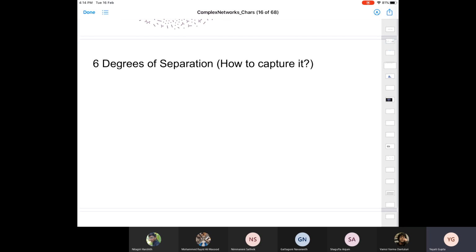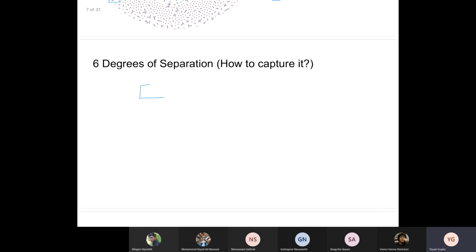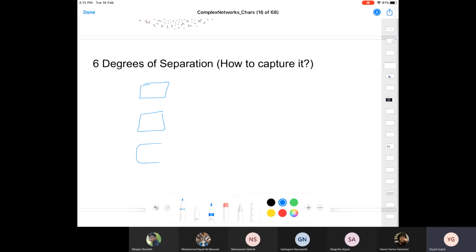In that term, a very nice experiment was conducted by a scientist named Stanley Milgram. The experiment went something like this. What Milgram did was he chose some subjects in different parts of the world, and so we have these different subjects here. Let me just write it down. So we had a large number of subjects. These were the participants of our experiment.